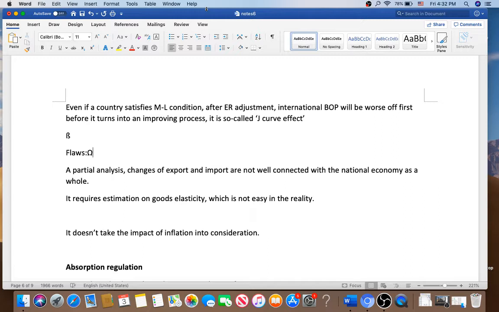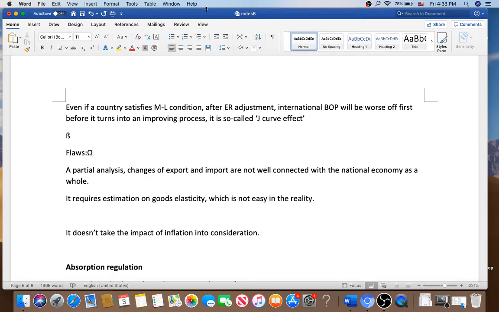For the assessment of this elasticity method, it is just a partial analysis, which is not well connected with the national economy as a whole, and it can't be seen that the change of exports and imports has any effect on the whole national economy.